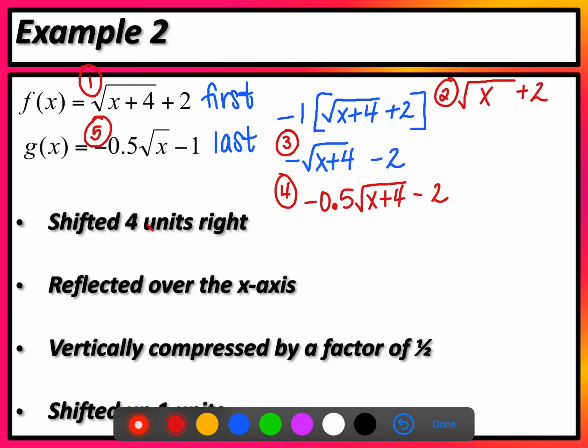So to get to step number 5, which was the last, I actually had to change my k value. To get from a -2 to a -1, I had to shift this up 1 unit. That differentiation between a reflection and a vertical stretch or compression is very difficult.